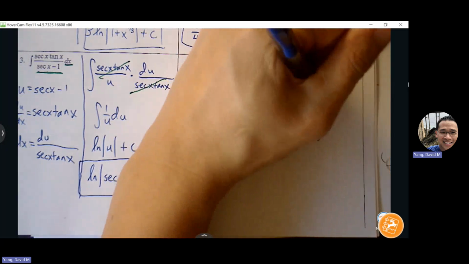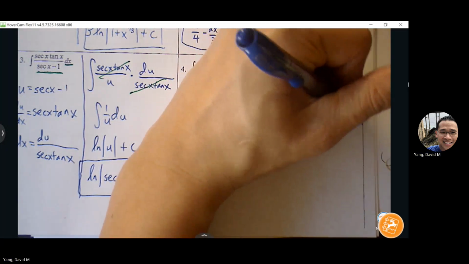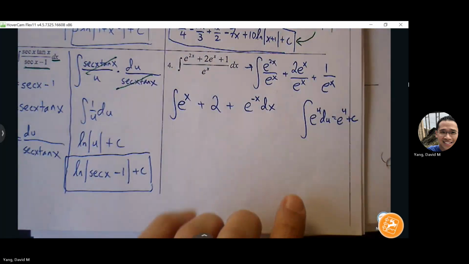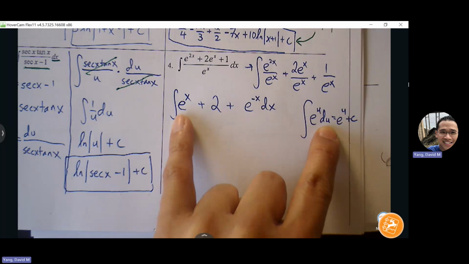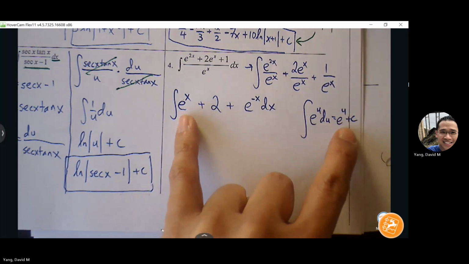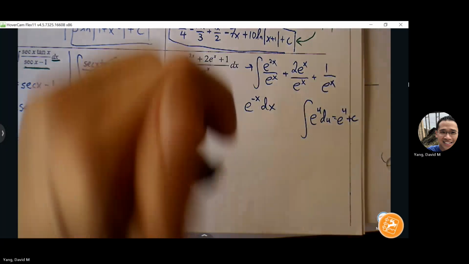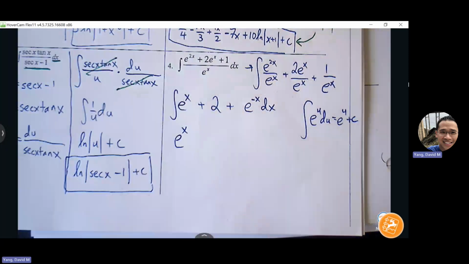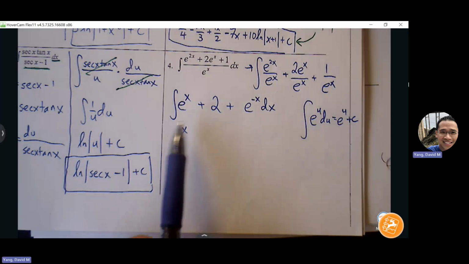So here's what the e to the u rule looks like. Do we have to go through u substitution if it looks this similar? No. So e to the x is just what? Just e to the x. What about the plus c? We'll do that at the end.